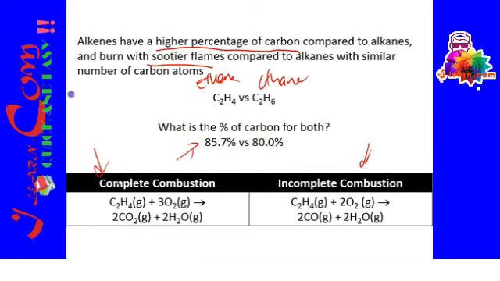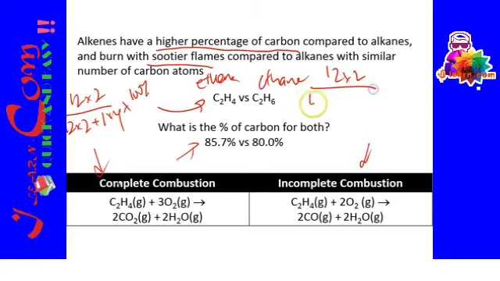If you recall, for ethene it is 12 times 2 divided by 12 times 2 plus 1 times 4. For ethane, it is 12 times 2 divided by 12 times 2 plus 1 times 6. So we get 85.7 versus 80%. The higher the percentage of carbon in the molecule, the sootier the flame will be.